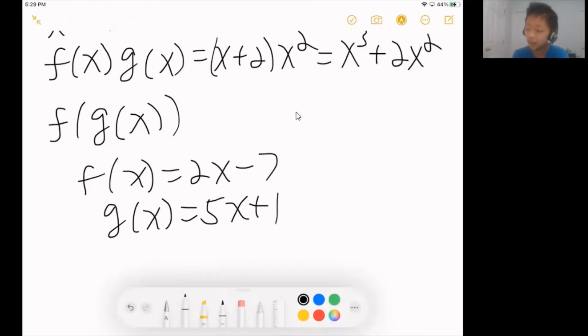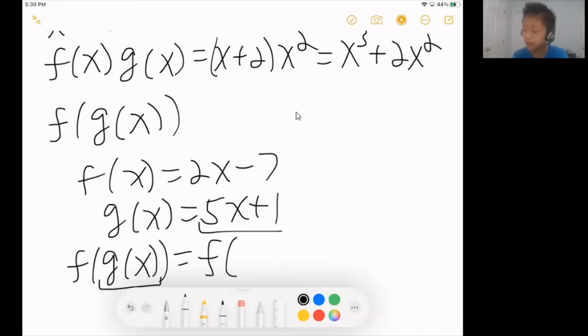What f of g of x basically means is you take f, and instead of g of x, you replace it with 5x plus 1. So instead of f of x, you now have f of 5x plus 1. We treat this 5x plus 1 as a big expression, and we replace x with the 5x plus 1.